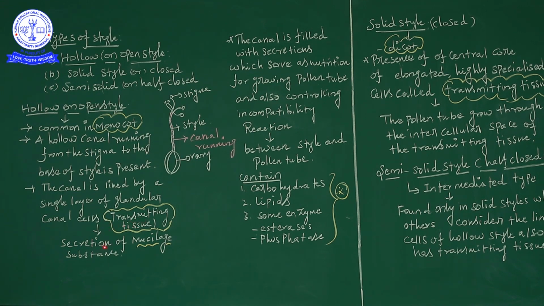Okay, the secretion of mucilage substance, which is colloidal in nature. Okay, very important. One more question, the transmitting tissue is present in the upper region of the stigma and also the style, and the canal runs down to reach the ovary.